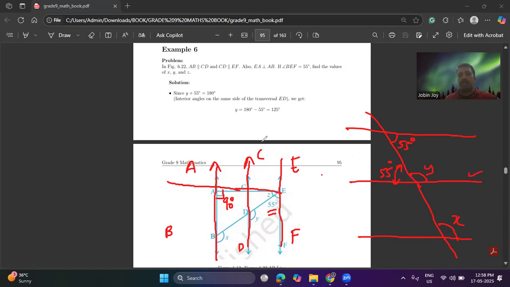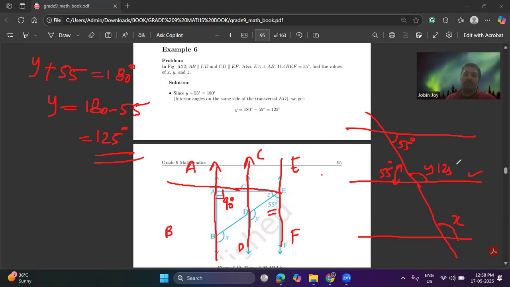And this is a straight line, so y plus 55 is equal to 180 degrees. So y is equal to 180 minus 55, which is 125. The value of y is 125 degrees.